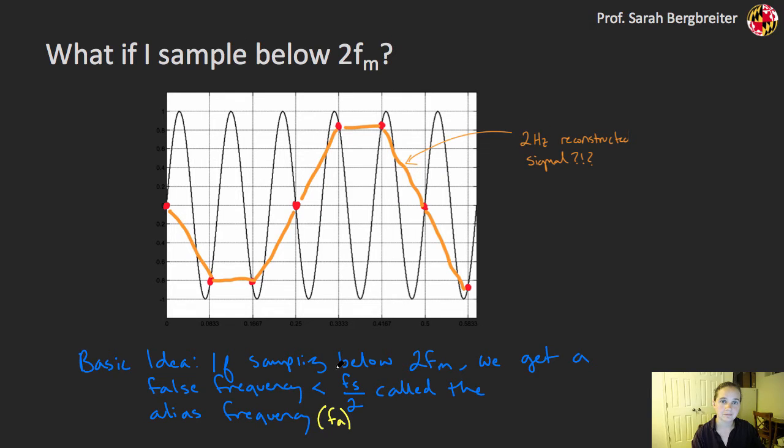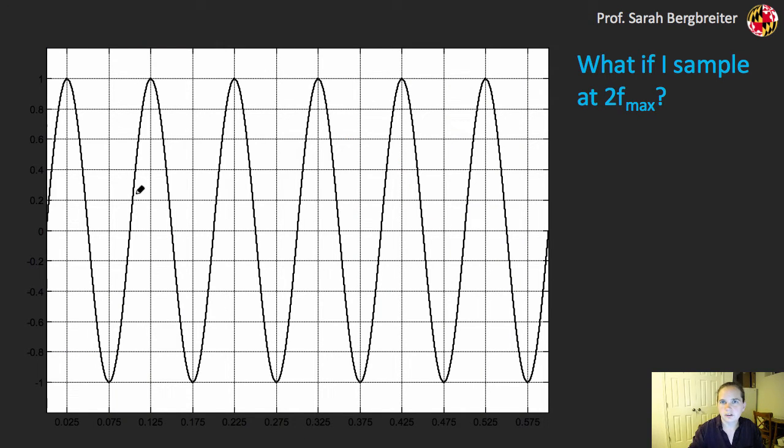So let's try to get some intuition behind where this 2 times maximum frequency constraint comes from. If I sample at 2 times the maximum frequency, I'm effectively sampling every peak and trough of my sinusoid here. So I get all of these peaks and troughs.